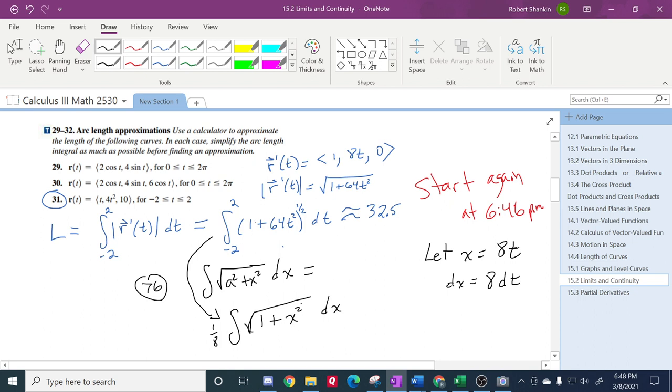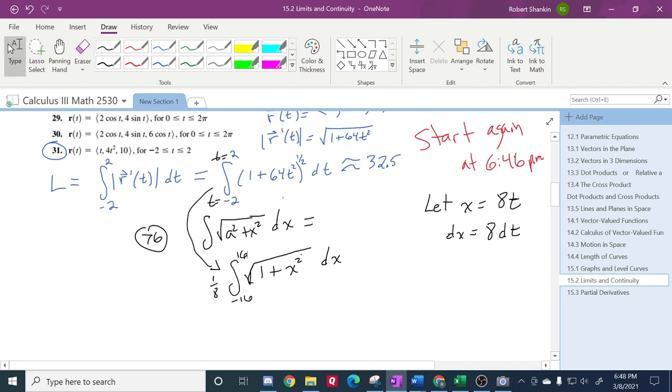When t equals -2, if you put in t equals -2, you get x is -16. And when t equals +2, you get +16.